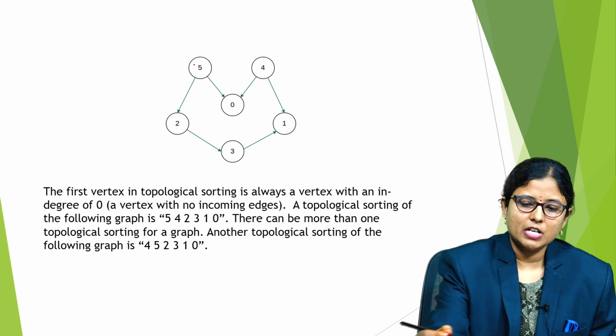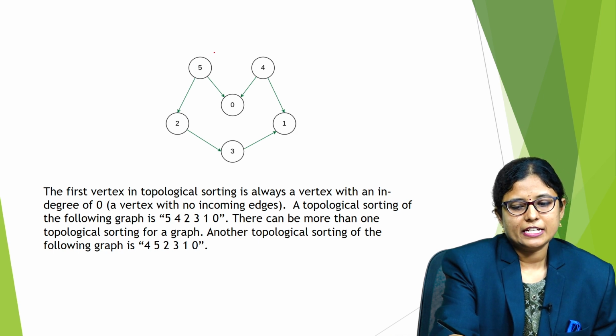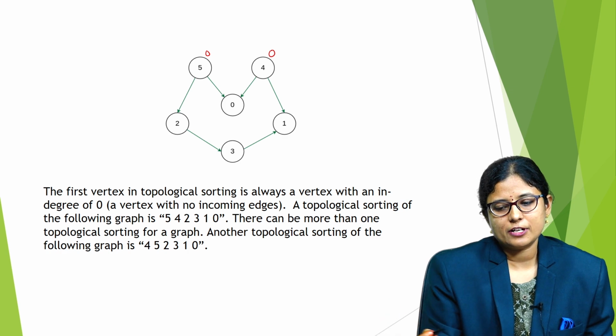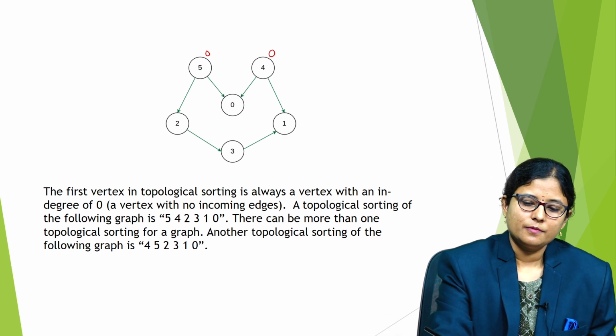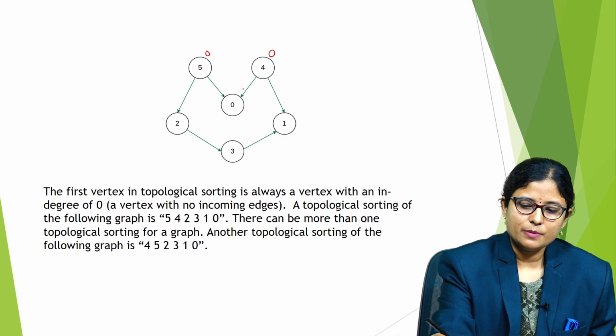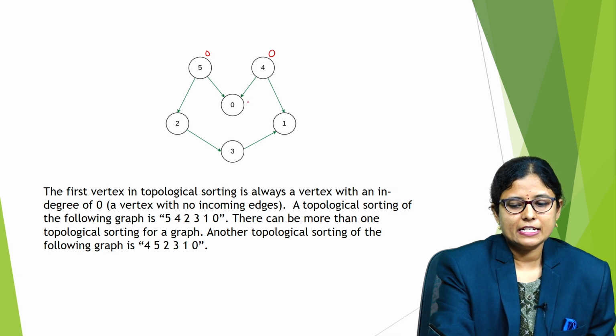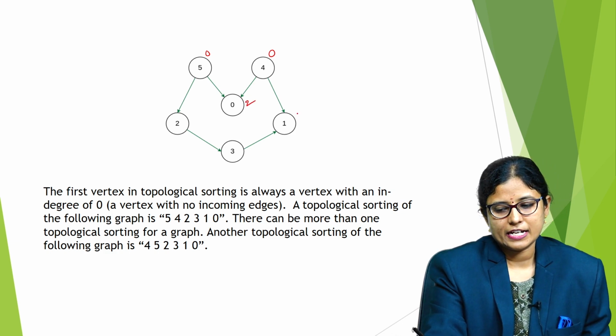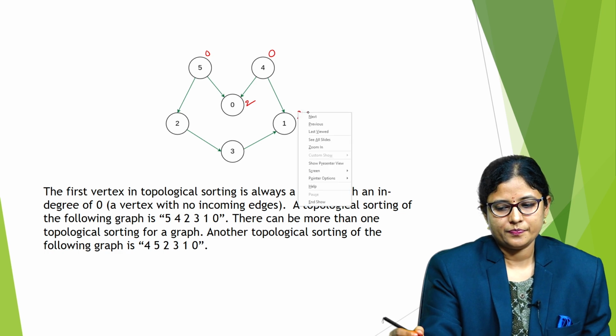For example, if we consider vertex 5, the indegree of 5 is 0. Similarly, for 4 it is 0. For vertex 0, the incoming edges are 2, so the indegree is 2. For vertex 1, the indegree is 2.